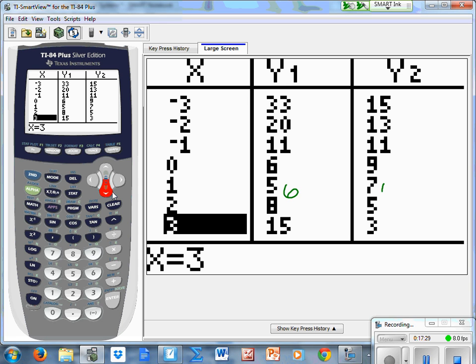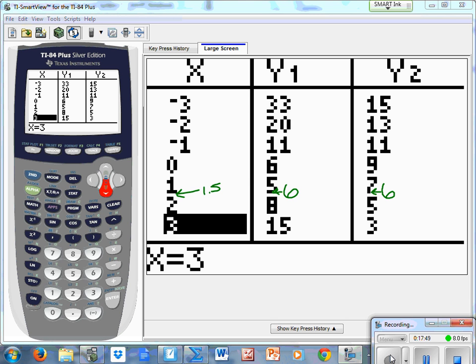And 6 would fit in the middle of 7 and 5 too. Okay, just like 1.5 is in the middle of 1 and 2. Okay, so it makes sense that we can solve our system by using the table here. Okay?